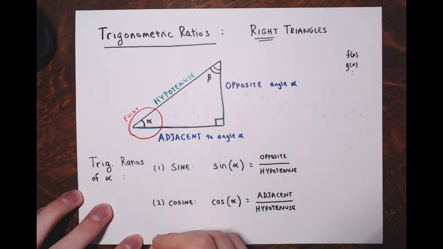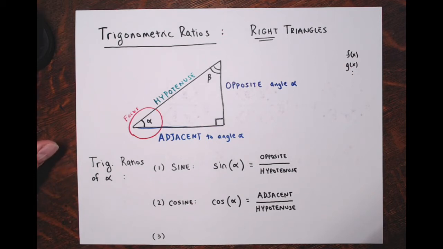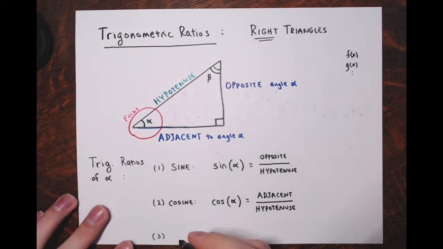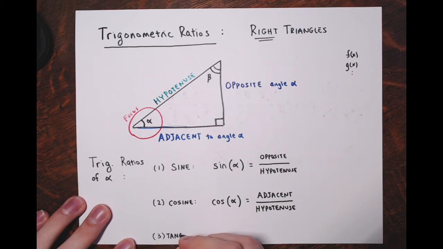All right, the third trig ratio or trig function that you'll be using a lot of is called the tangent of an angle. Tangent. And when you write out the function notation, it's abbreviated just TAN, 3 letters. And the input is again this angle that we're focusing on, the angle measure alpha.